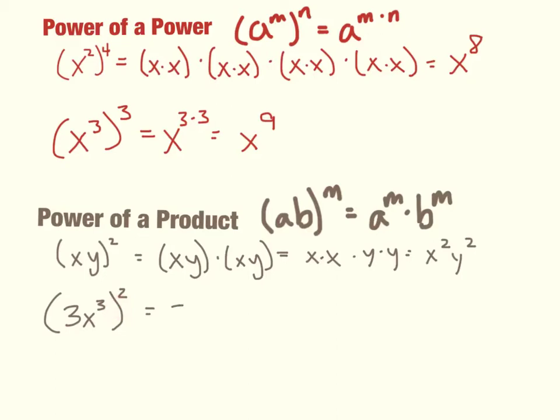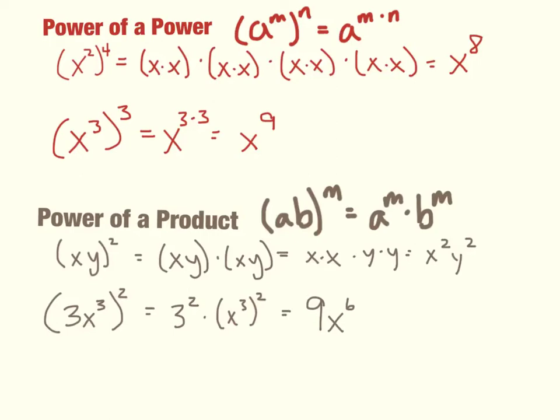That's 3 squared times x cubed squared. Well, in the power of a power property, I know that with this 3 and 2, I just multiply 3 times 2. So now 3 squared is 9, and then x cubed squared is x to the 6th.